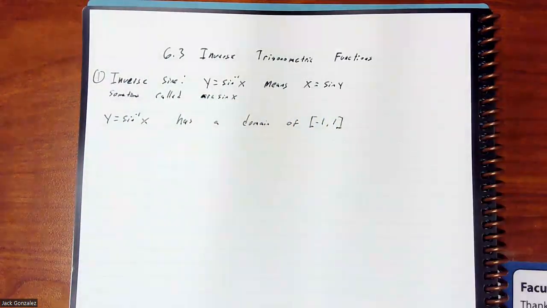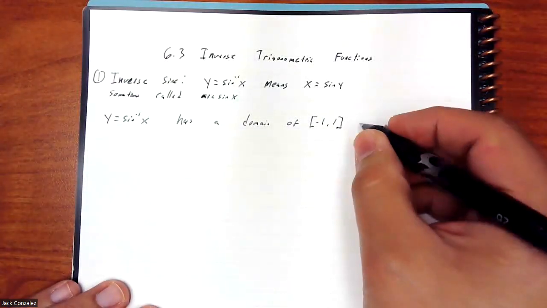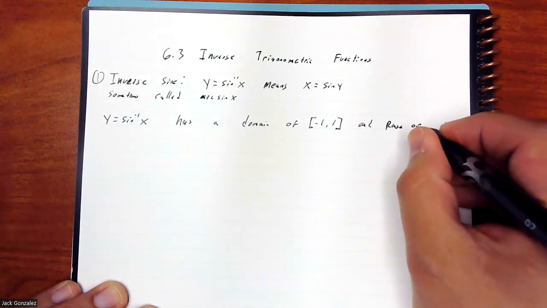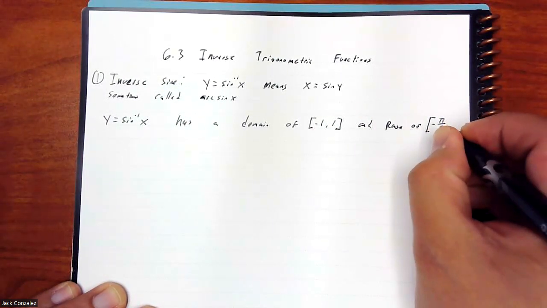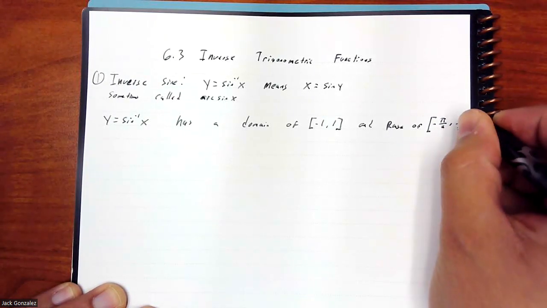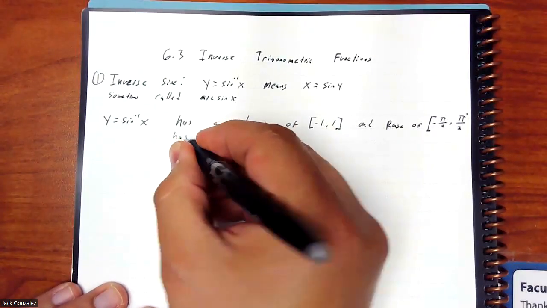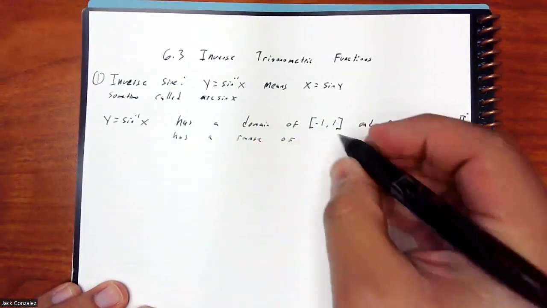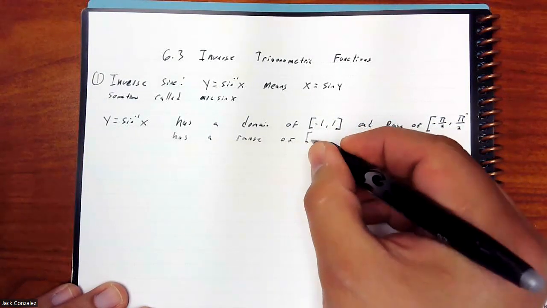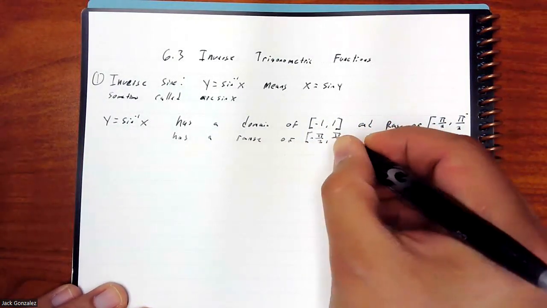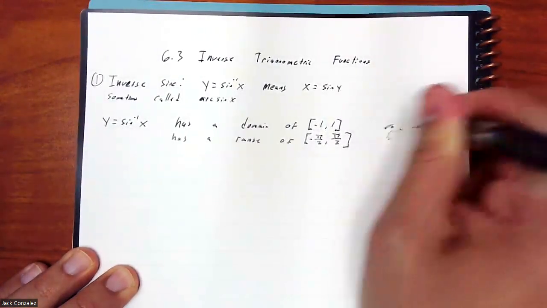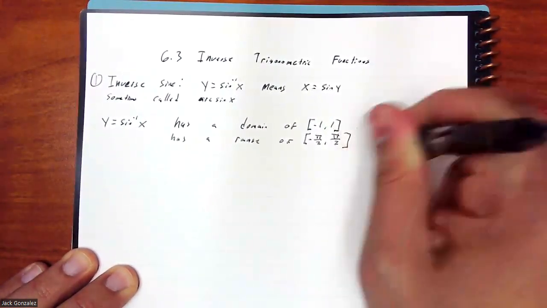Knowing the domain and range, or having it on your note card or note page, is going to be very helpful. And a range of -pi/2 to pi/2. Okay.